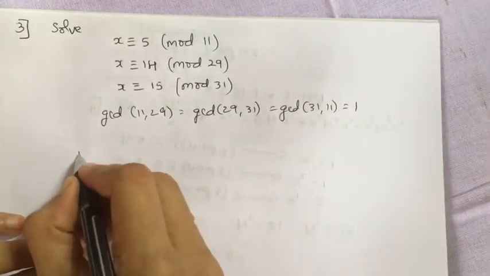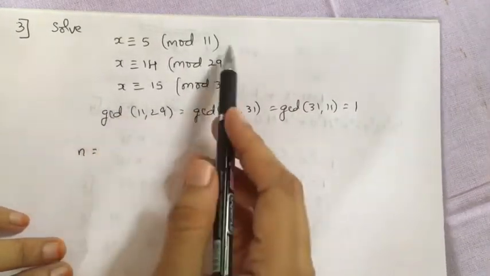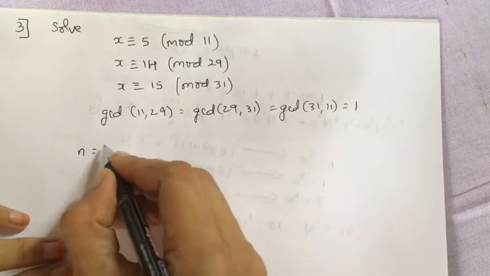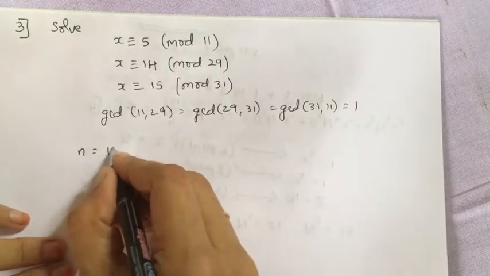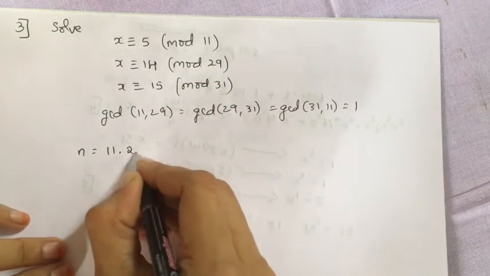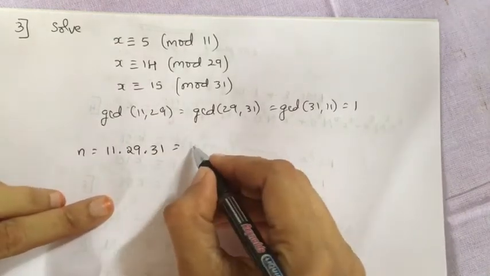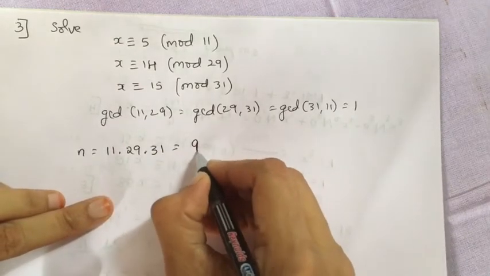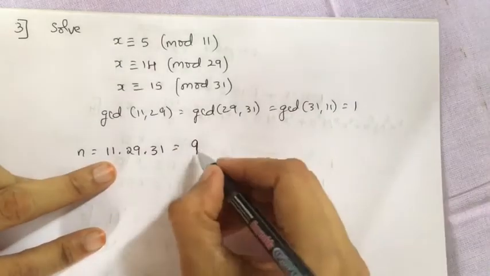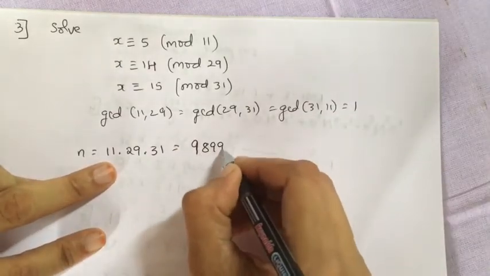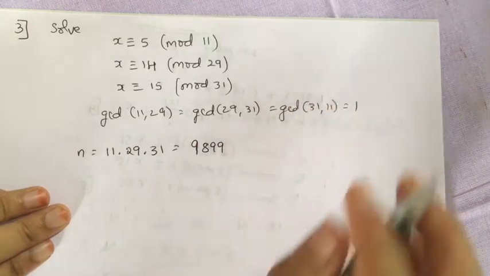So the second step is to calculate the product of the modular values. So 11 into 29 into 31. Use your calculator and do the calculation. 9889. Okay, this is n.